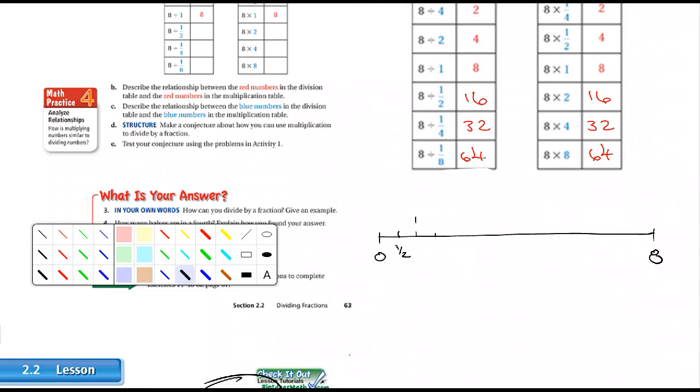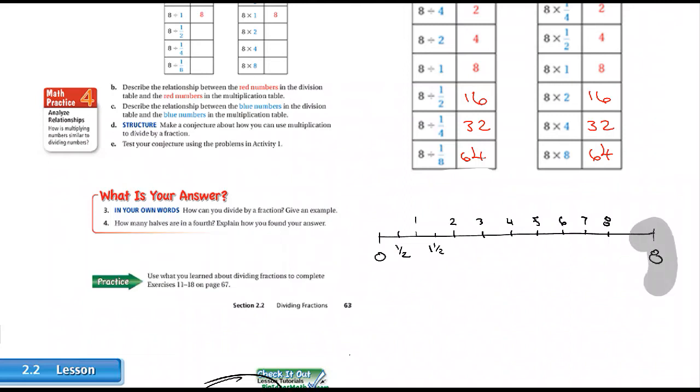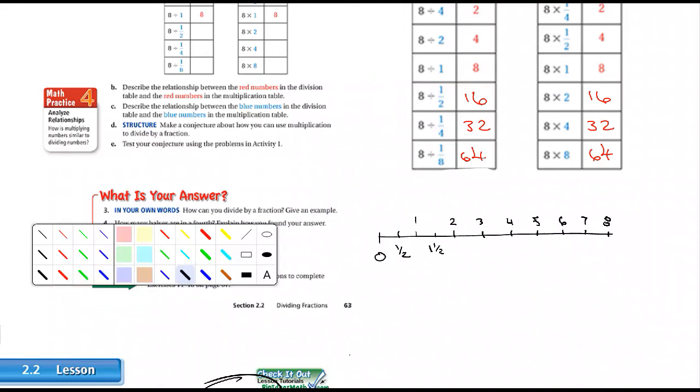This would be another, this would be 1 and 1/2. What would this be? 2. And then 3, 4, 5, 6, 7, 8. So I'll erase part of that because there's my 8 right there. All right. Now, with each one of these, of course, that would be what? 2 and 1/2. This would be 3 and 1/2, and so forth.